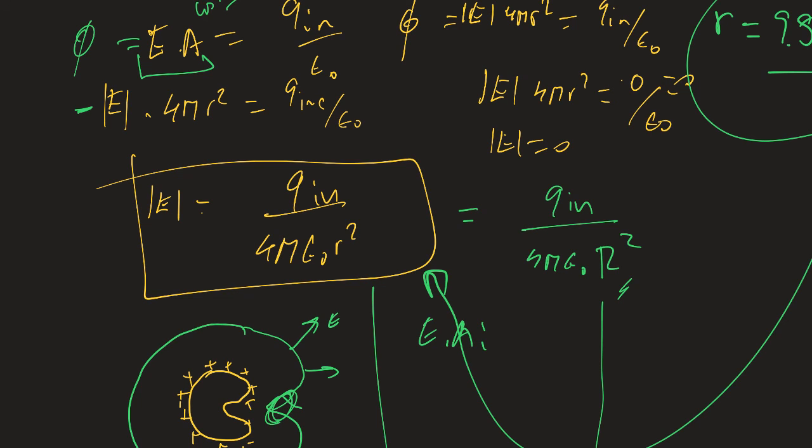Maybe you can make this calculation, sigma divided by epsilon 0, where sigma is the total charge, the minus microcoulomb, divided by the total area, 4 pi r squared, the radius. This is the density of charge divided by epsilon 0.